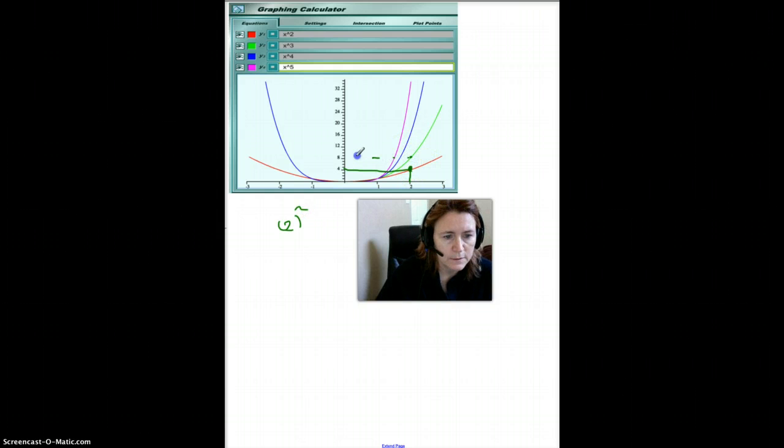Well, it's going to be 9. What is the limit when I'm dealing with y is x to the fourth? Well, that's going to be 2 to the fourth. And when I'm looking at y is equal to x to the fifth, then it's going to be 2 to the fifth.